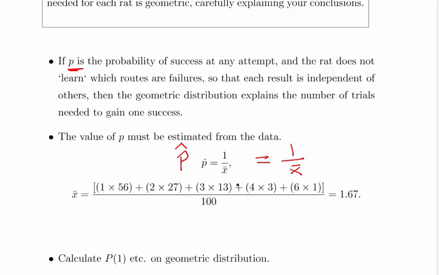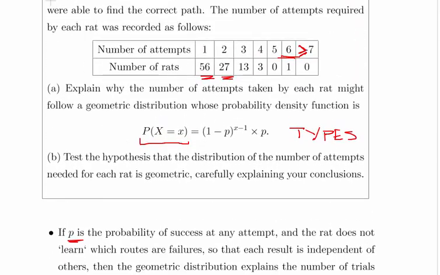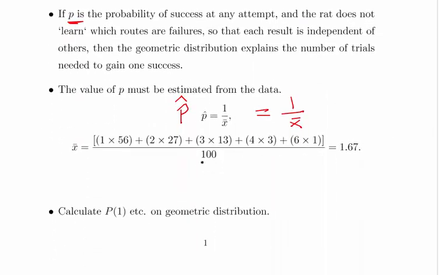Essentially it's the grouped mean of that table, a very straightforward calculation for 100 rats. On average it took 1.67 attempts to get out. That gives us our estimate for p hat, which is 1 divided by 1.67, and that is 0.5988.